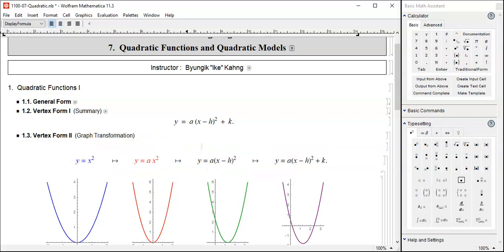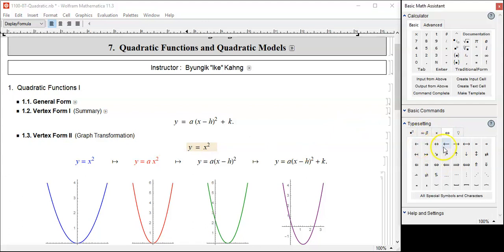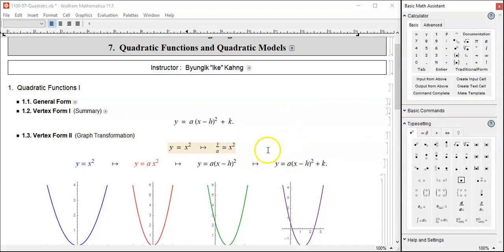It's like this: y equals x squared, and then from there, replace y by y over a. That's the graph transformation. And then from here, flipping a to the other side, you're going to get this.